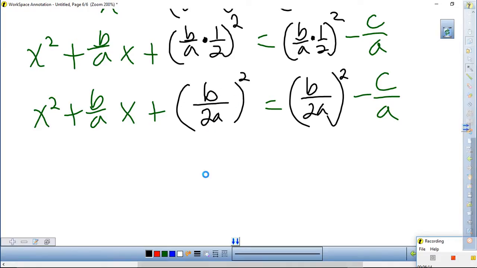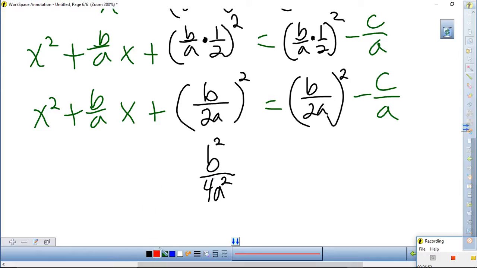What is this? I'm going to let you write. Close. B squared over 2a squared. So what is 2a squared? 4a squared. That is correct.